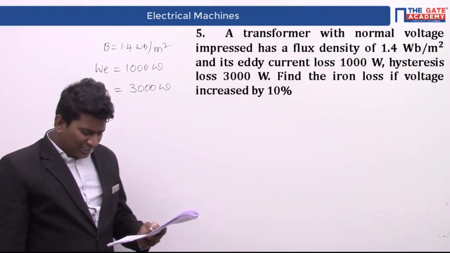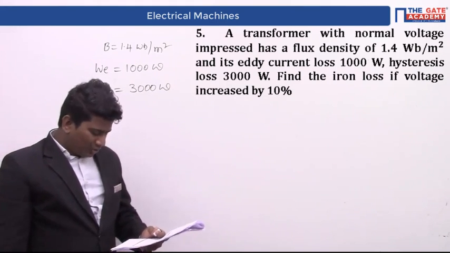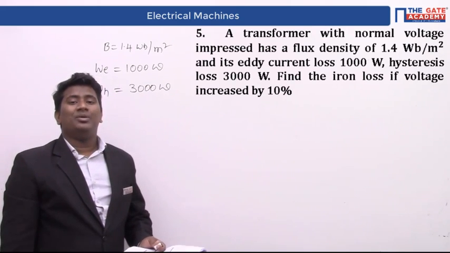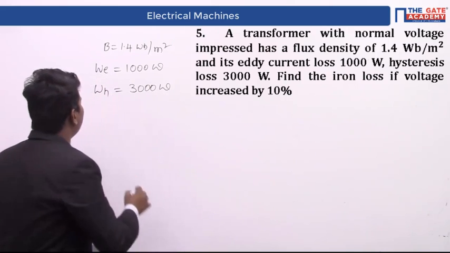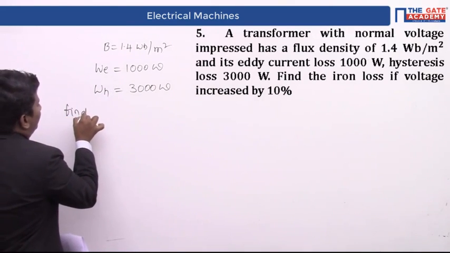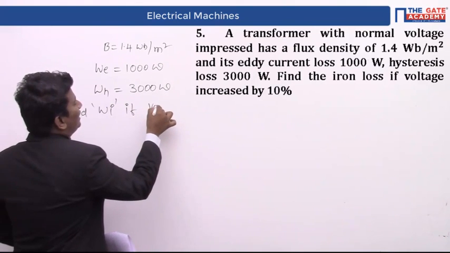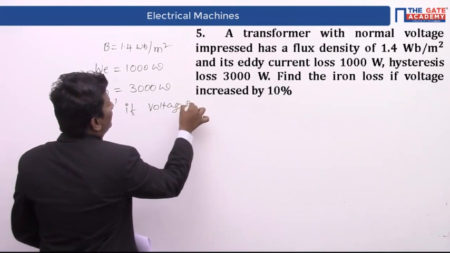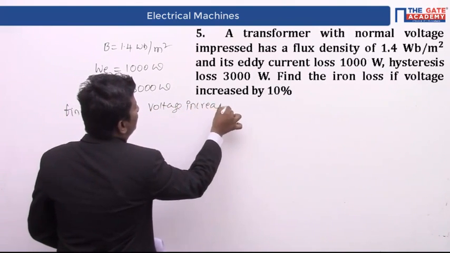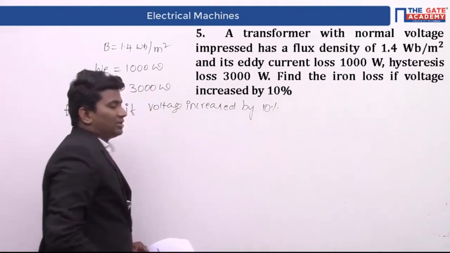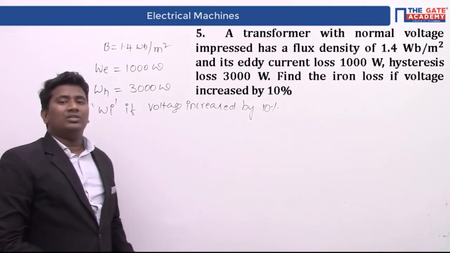Therefore, what they are asking is: find the total iron losses if the voltage is increased by 10%. So, how to solve this question?